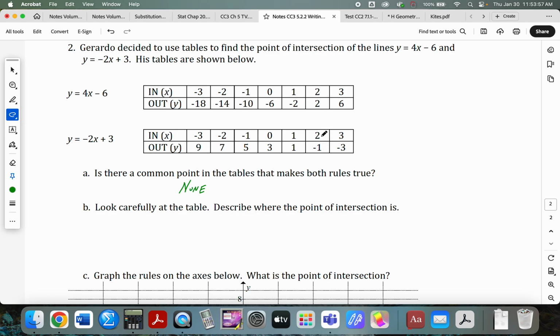At 2, now the first line has a bigger y value than the second one. Do you see how we switch? Here, the y value is bigger for the second line than the first line. But here we switch to where the y value for the first line is bigger than it is for the second line. So it's between x equals 1 and x equals 2.